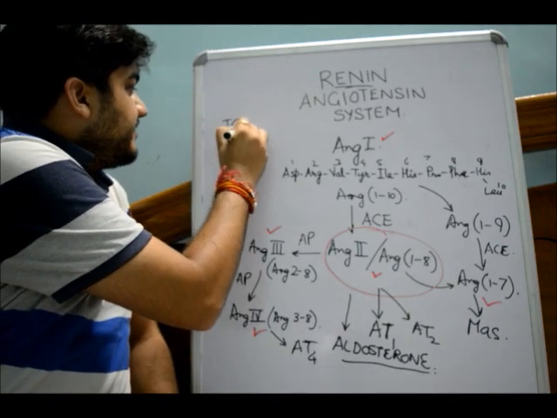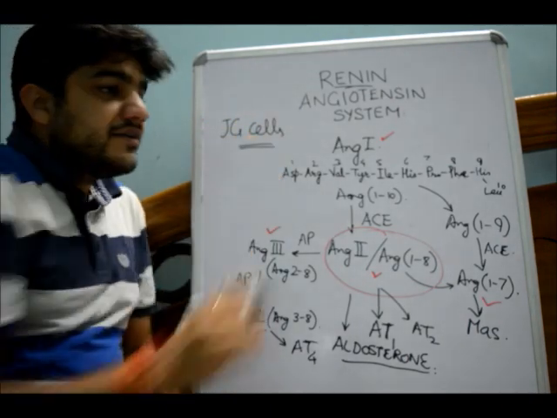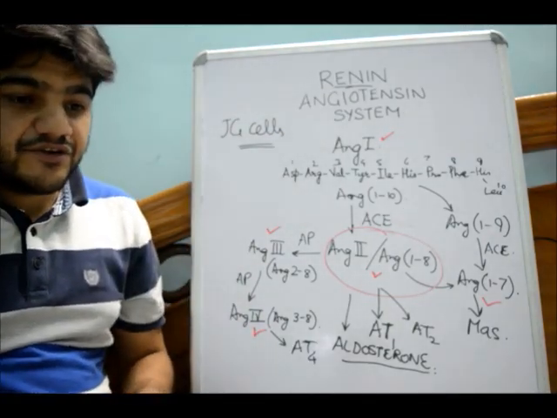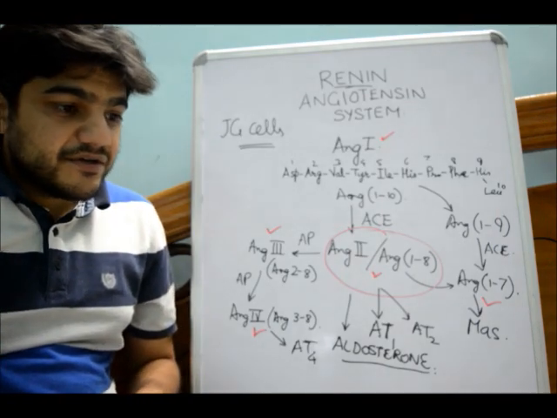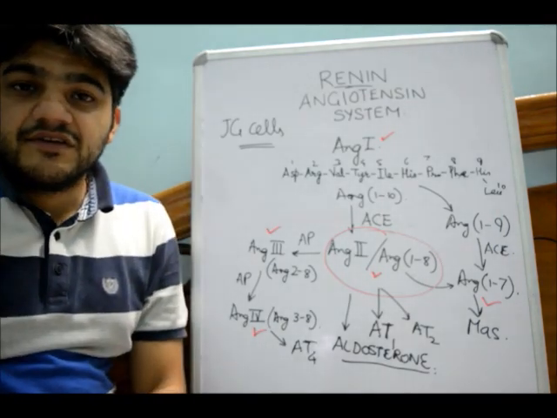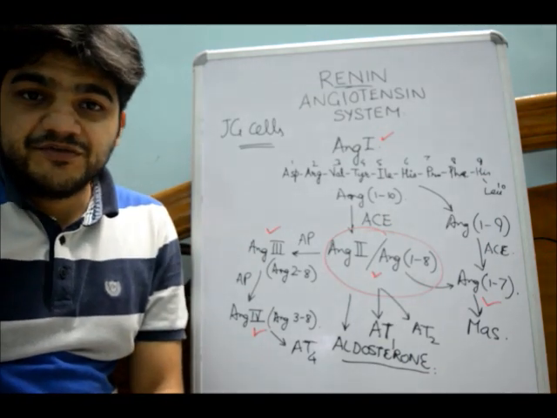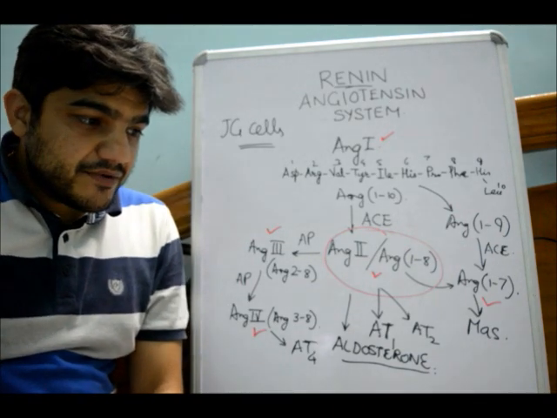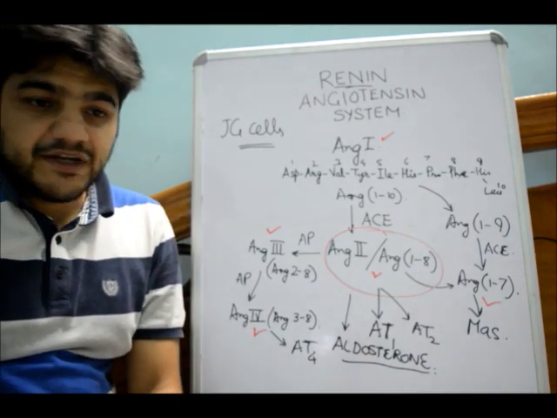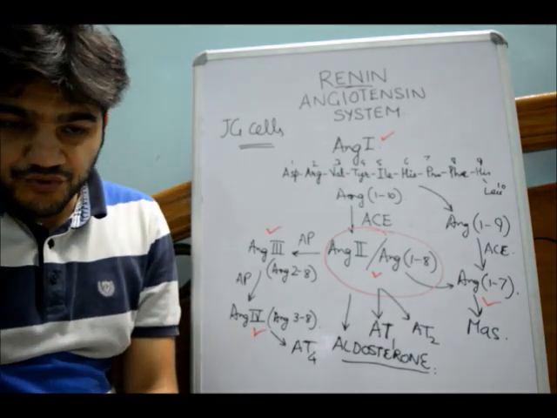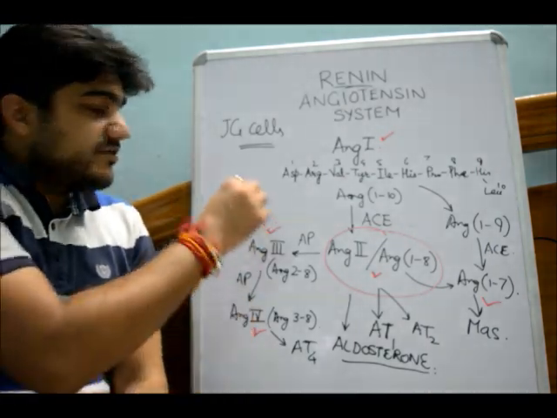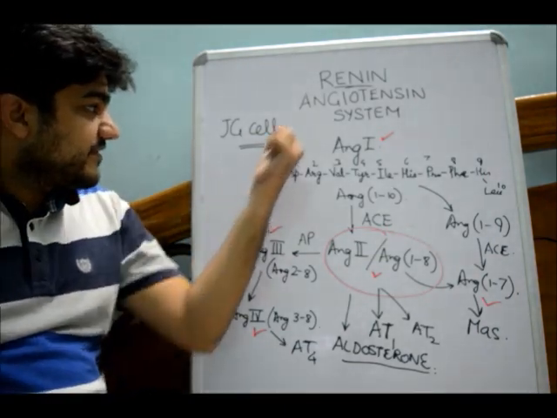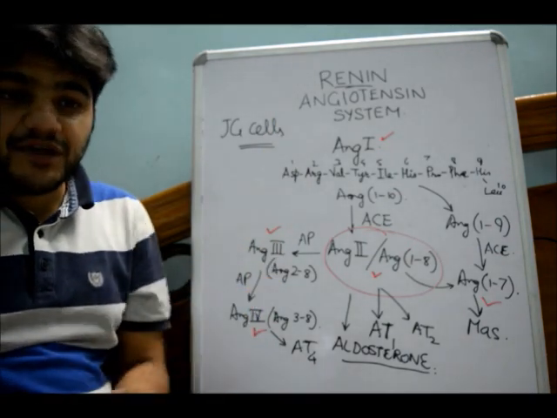We call them the JG cells, which are present near the glomeruli. What tells these JG cells to release renin is the macula densa, which senses the concentration of sodium presented to it. This is in the thick ascending loop of Henle. When it crosses just close to the glomeruli, that region is specialized to sense that, and it is called the macula densa. So the macula densa sends signals to the JG cells according to what is happening inside the body.